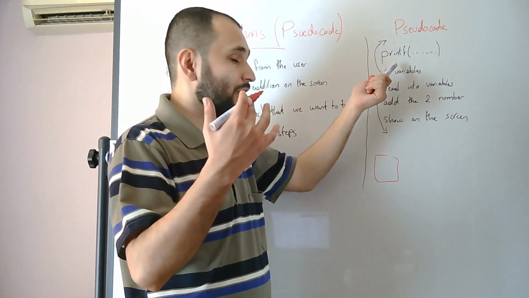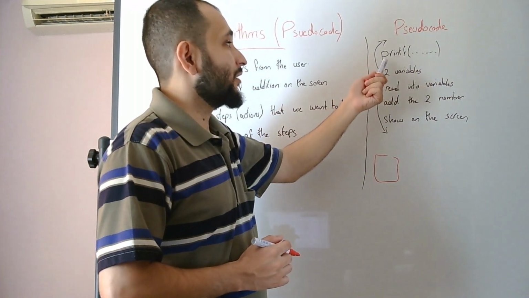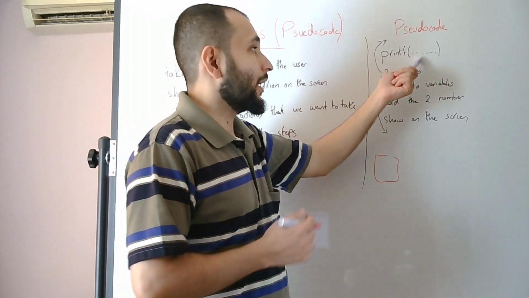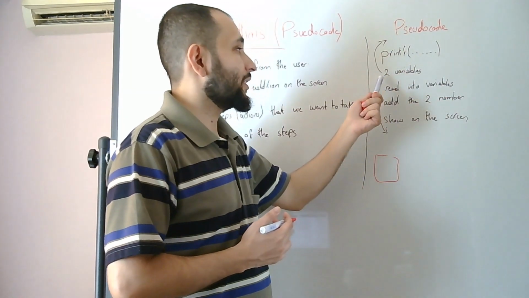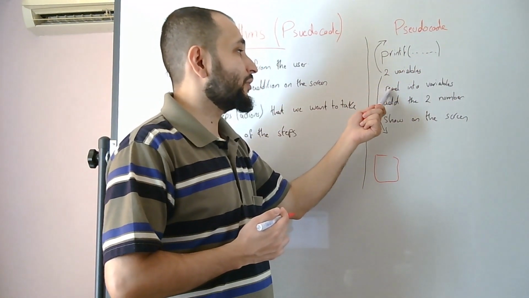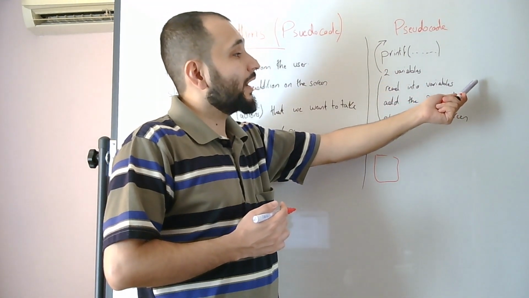into a computer programming language. So instead of printf in here, obviously printf is from code, so we can change it to computer code, and then defining two variables, we can directly change this to computer code, and then read into variables, we can change this to a scanf statement.